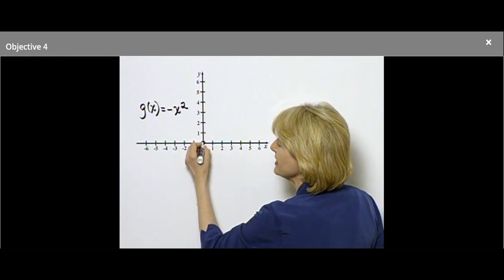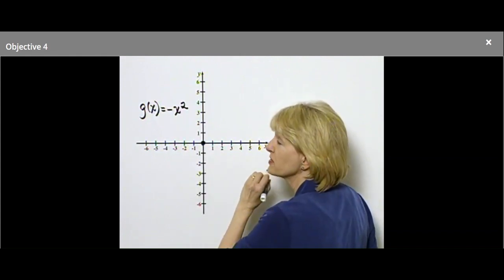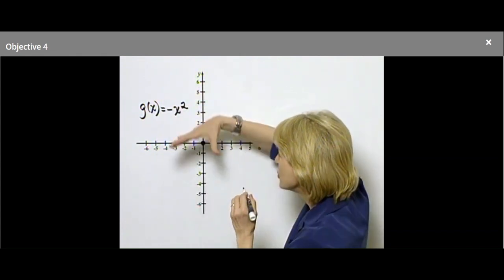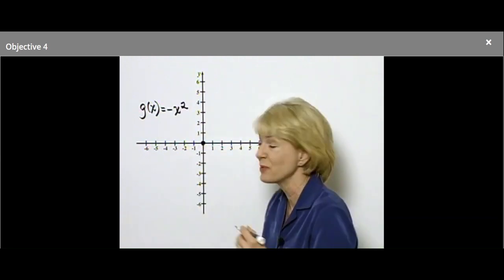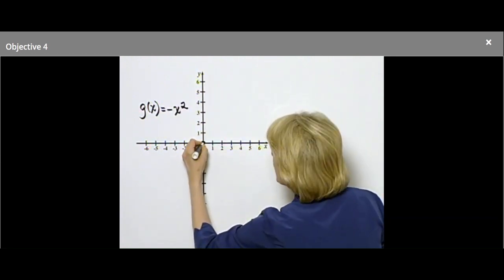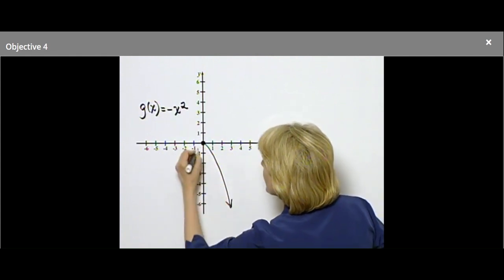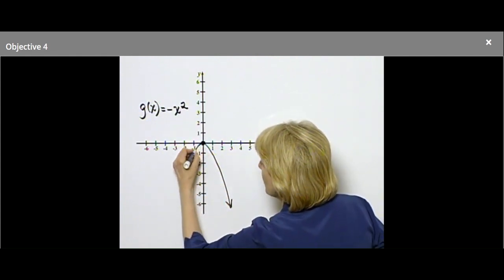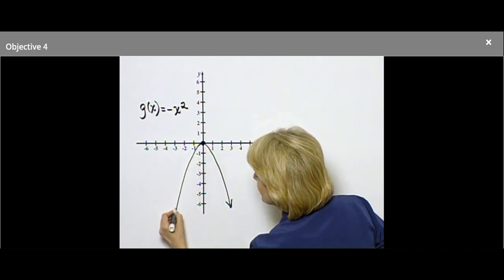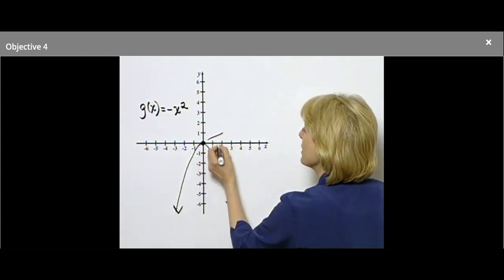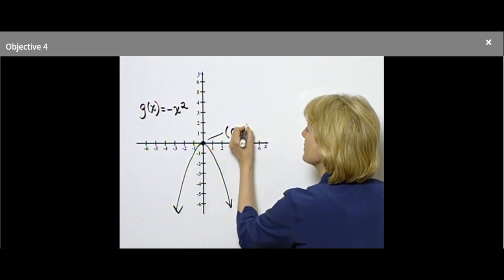The vertex is still at 0, 0. This negative just causes the parabola to open downward, but the shape is exactly the same. And again, please try and imagine that this is symmetric. There is my vertex at 0, 0.